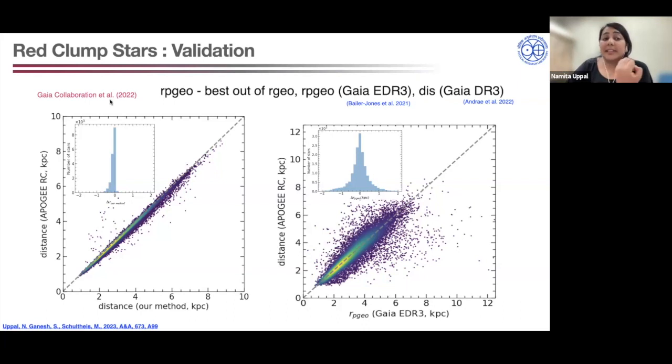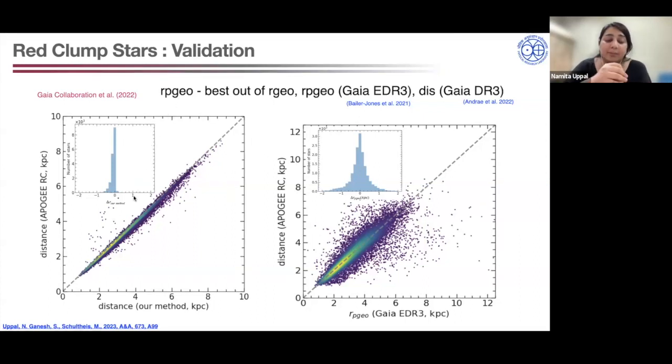But there was a paper recently in 2022 by the Gaia collaboration where they compared all these 3 distances and found that r_pgeo, based on the photogeometric prior, is the best distance indicator out of all 3. So we wanted to compare our distance with the Gaia distance given by r_pgeo.